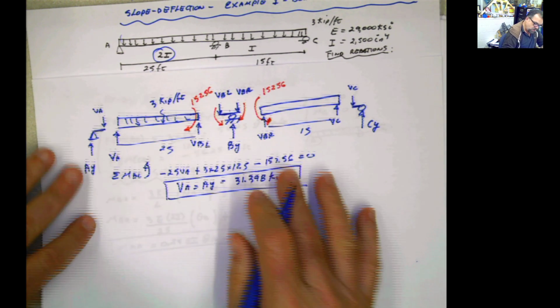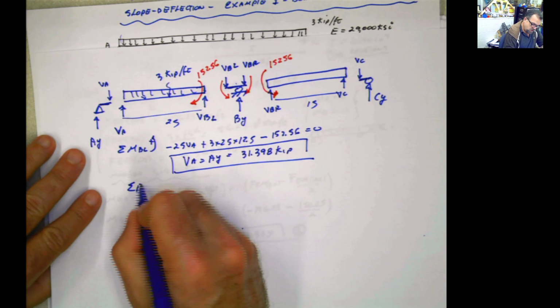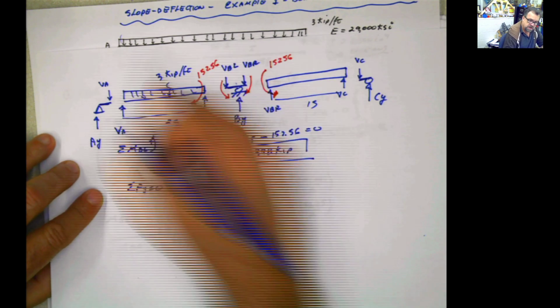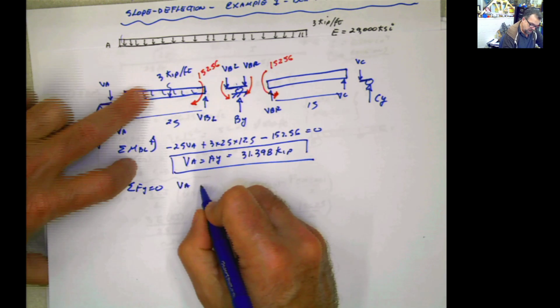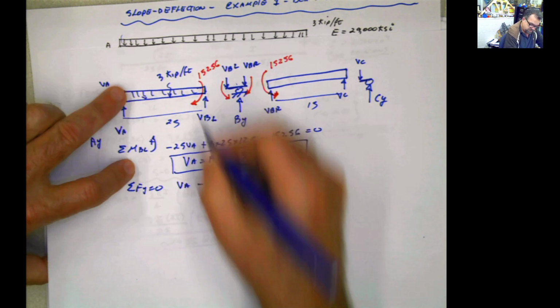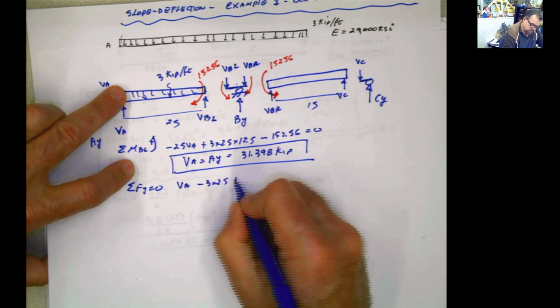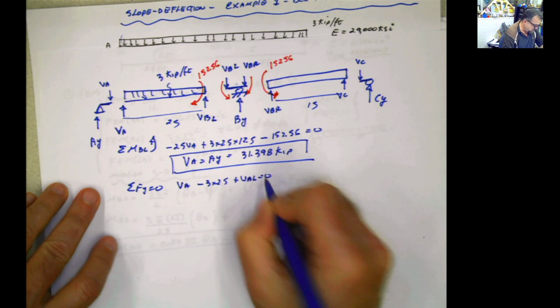Now if I do in this part summation of forces in Y equals 0 on this section, then I get VA minus 3 times 25 plus VB to the left equals 0.